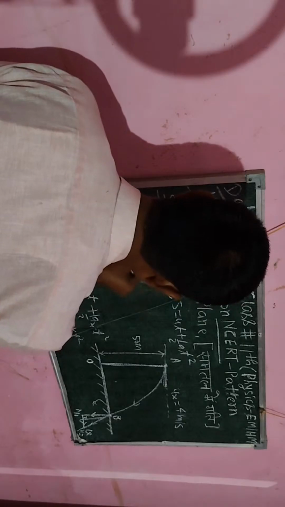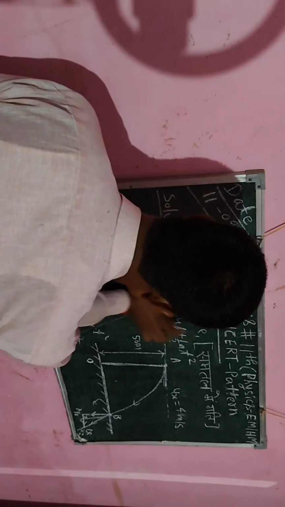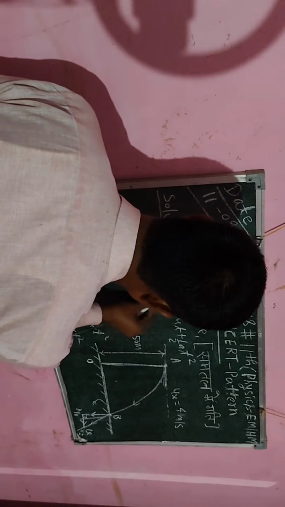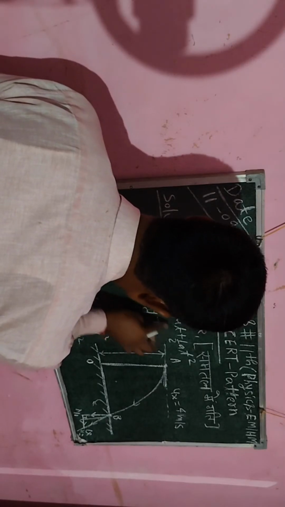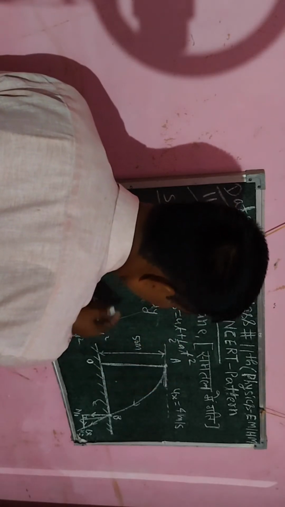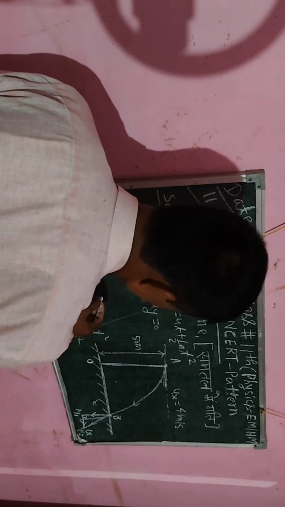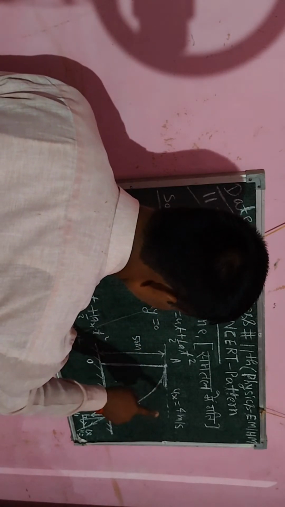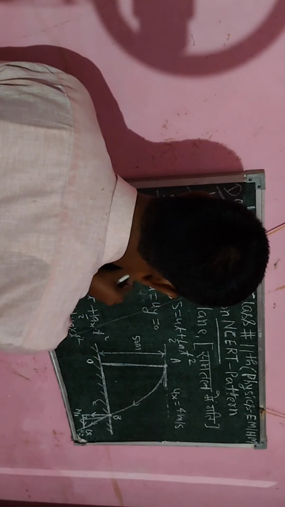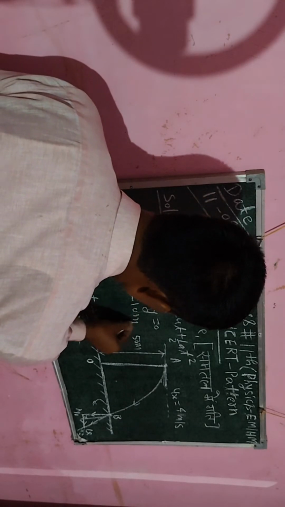In the place of s I have to put h, and in the place of u I will put uy, and the vertical velocity will be 0 initially. Now the ay I have to write plus g, and its value is given 10 meter per second square.